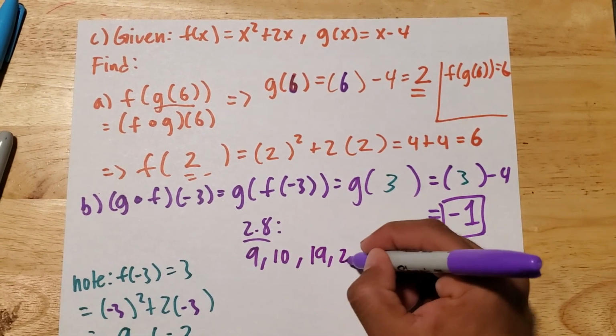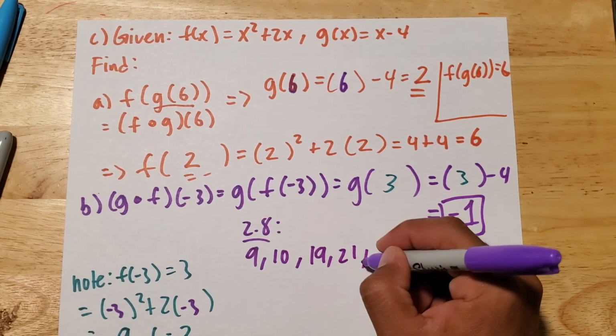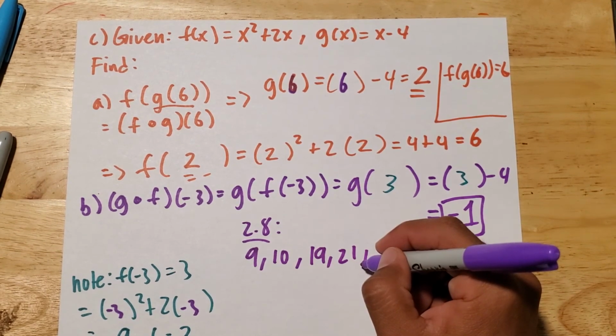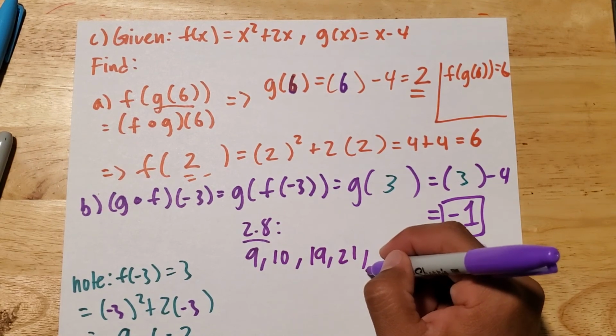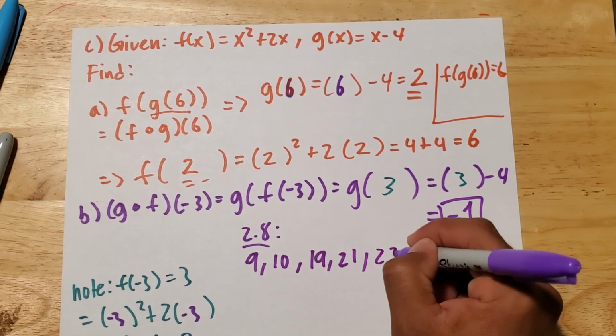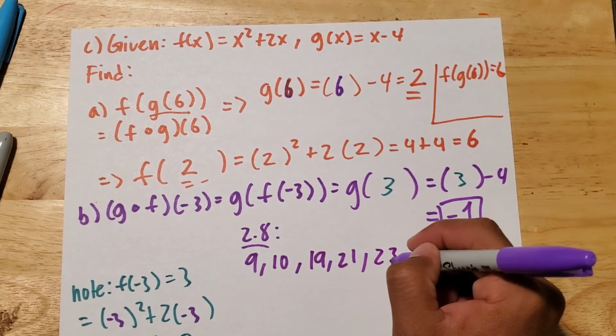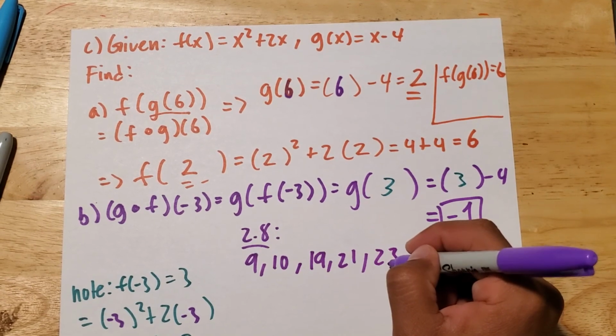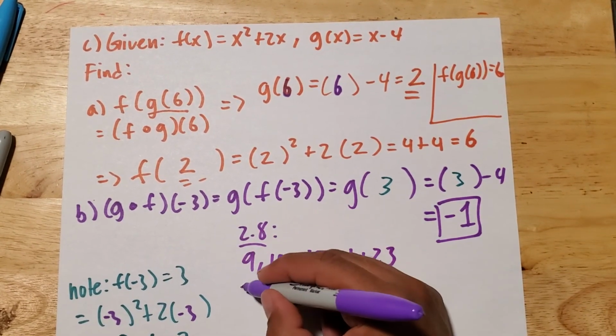Let's do 21, I think. Let's say 23. You have to put a little bit of thought into that one. And then 25 is fine with me. That's not bad.